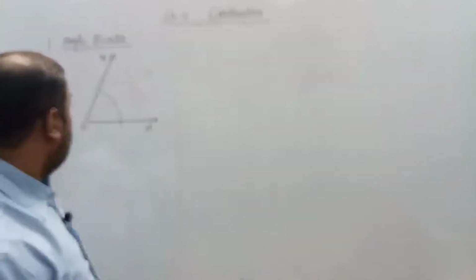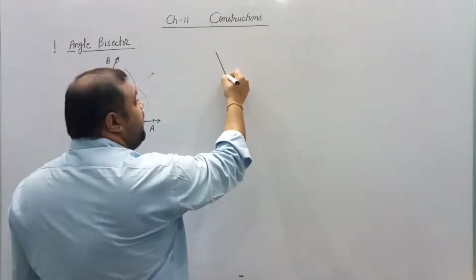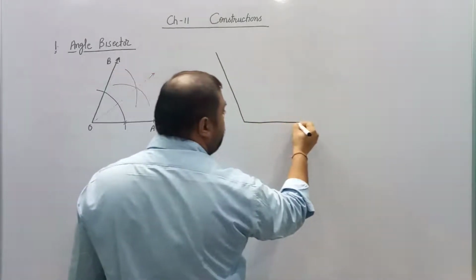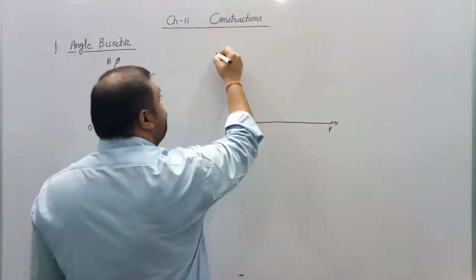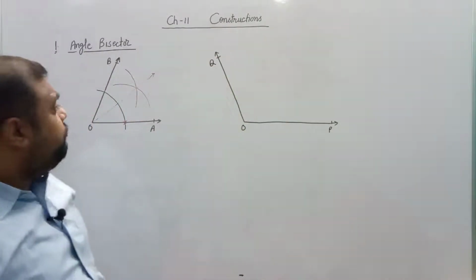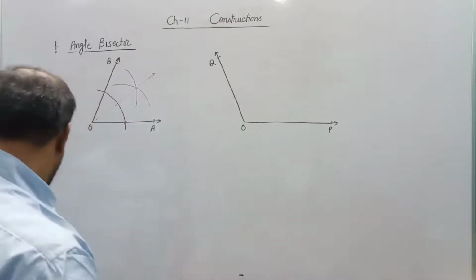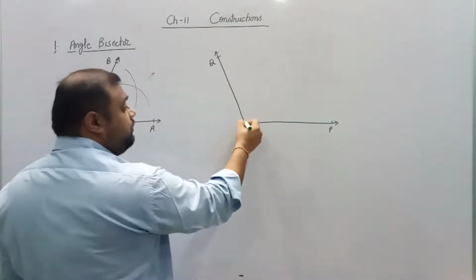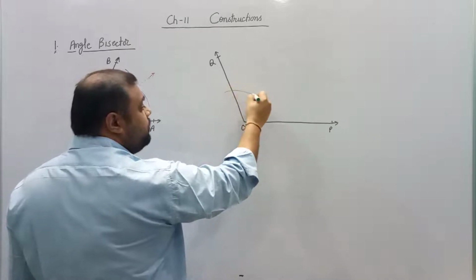Similarly, question 2. Given an obtuse angle POQ. Now we have to construct an angle bisector of angle POQ. Taking O as center, and with any radius draw an arc.